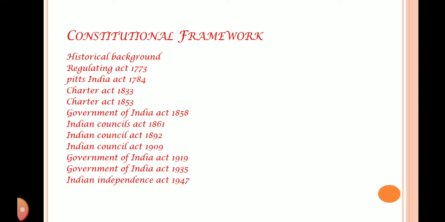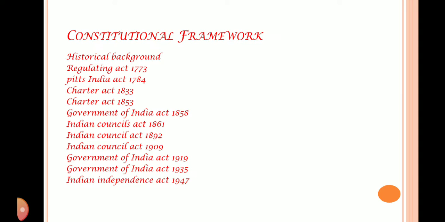It provided for the establishment of Reserve Bank of India to control the currency and credit of the country. It provided for the establishment of Federal Public Service Commission and Provincial Public Service Commission and Joint Public Service Commission for 2 or more provinces. It provided for the establishment of Federal Court.